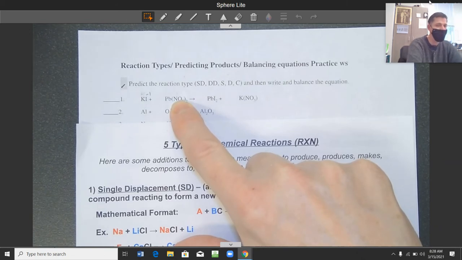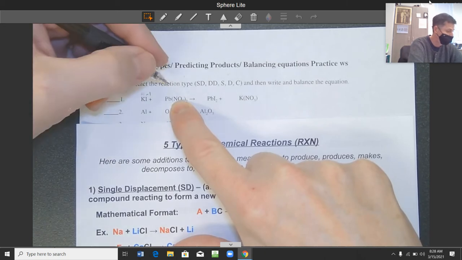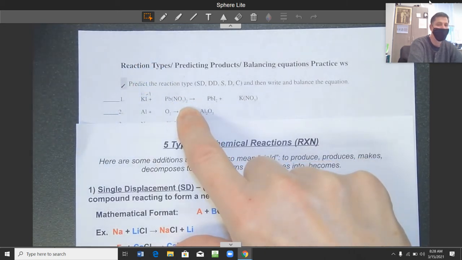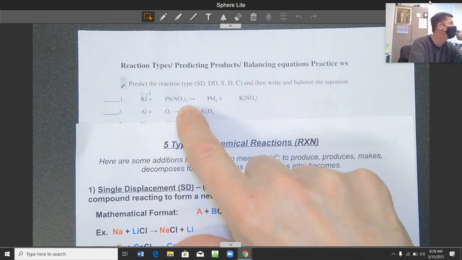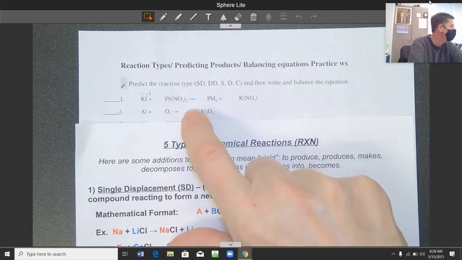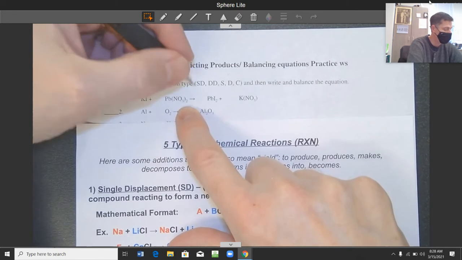Yes, it's an element. What charge would it have? Well, it's one of the ones that can have multiple, right? Isn't it in that box? So we have to look at the polyatomic or at the negative. So we've got NO3. What's the charge of NO3? Negative 1.